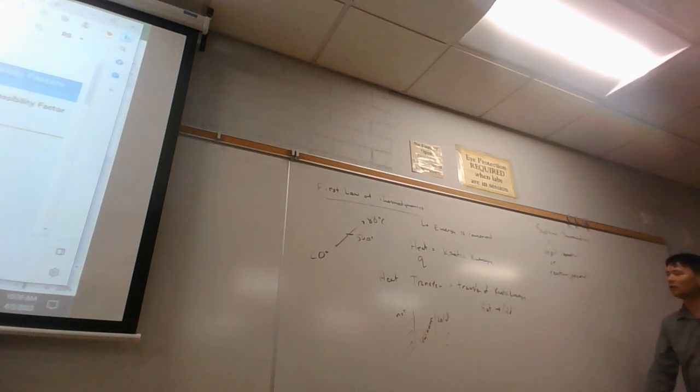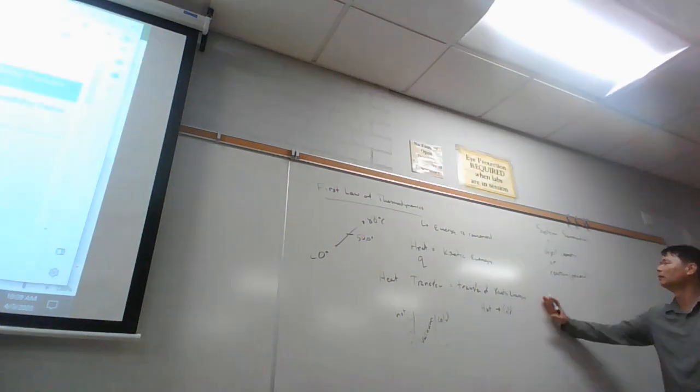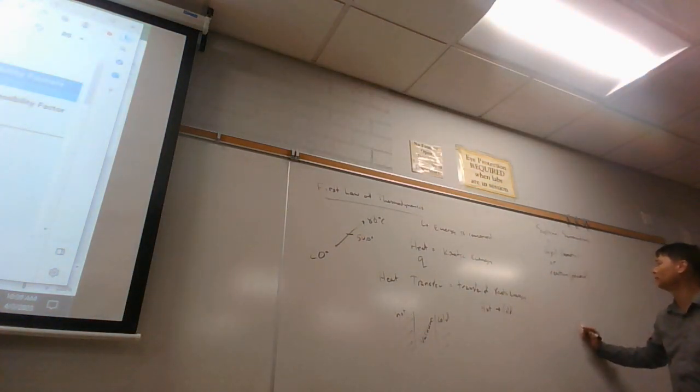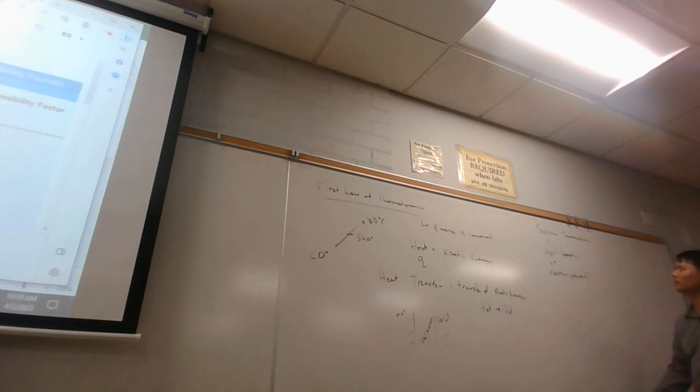In a chemical reaction, we do it a little differently. So first I'm going to just talk about objects here and transferring heat in an object. The system is the object or the reaction. The surroundings is what we call the rest of the universe.